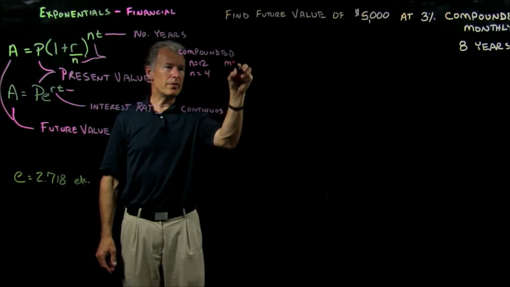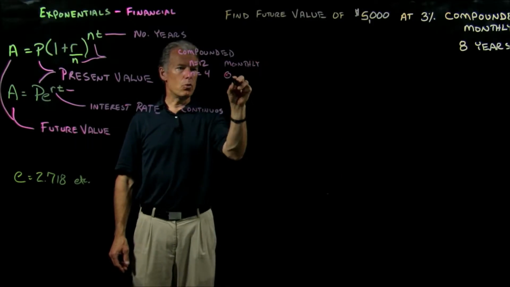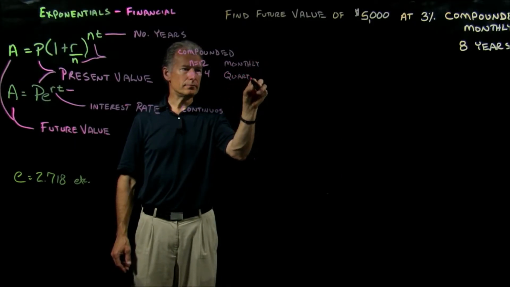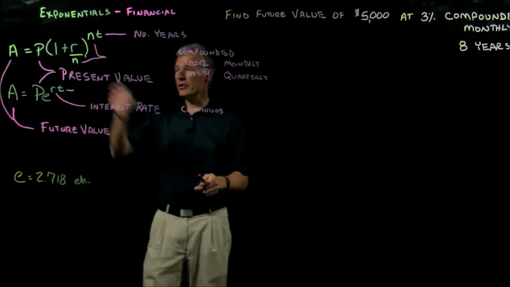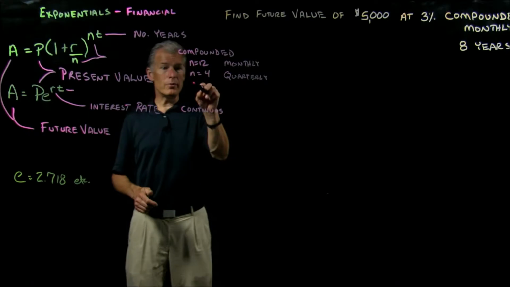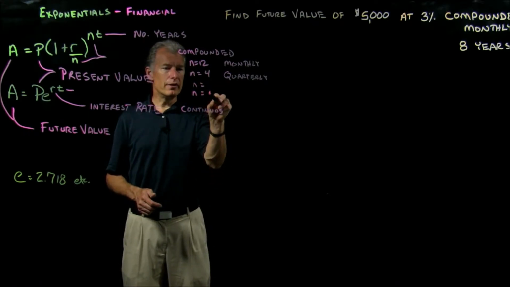So again, this would be monthly. This would be quarterly. You can imagine if your interest is compounded yearly, well, N would be equal to 1. If it's compounded weekly, N would be equal to 52.